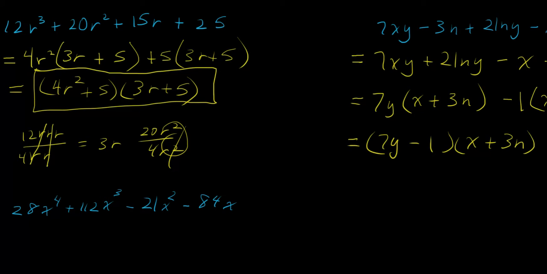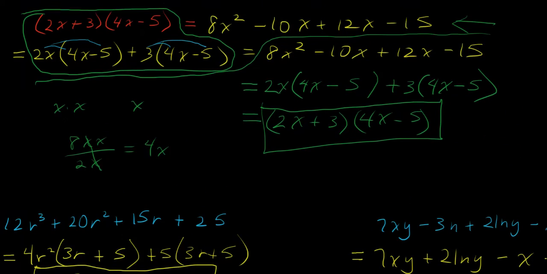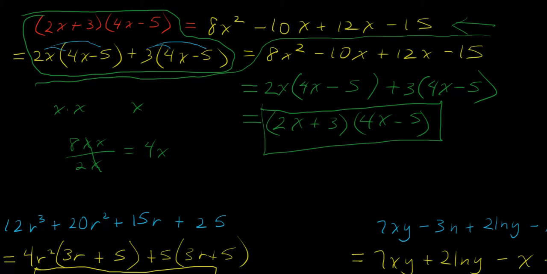Last one. Now, one thing I want you to notice before we look at the last one. So the first one we did here, is there a common factor other than 1 that applies to all 4 of these terms? Well, there's not. What about this one? Is there something I could pull out of all of these expressions, a common factor?